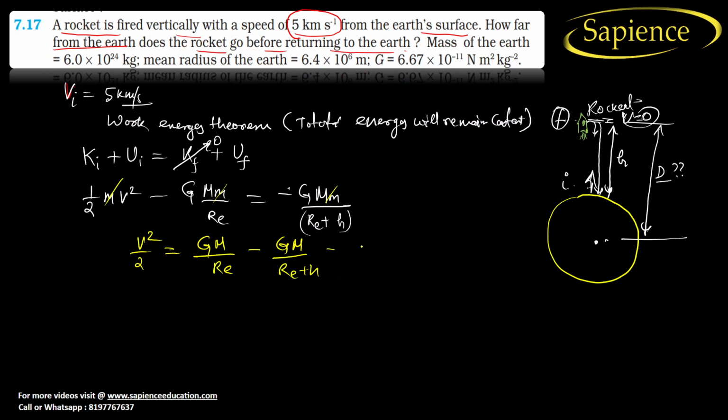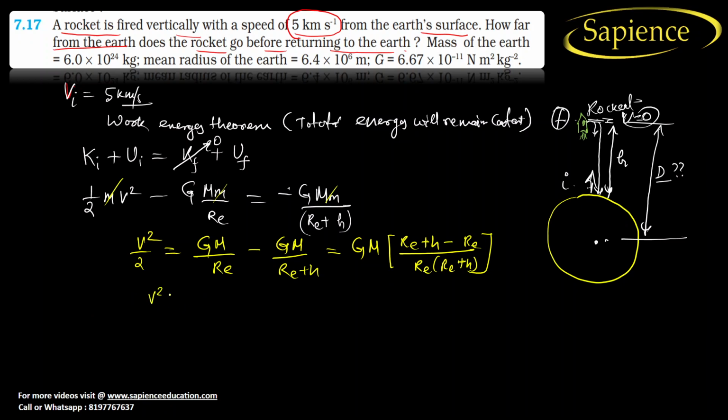So if we take GM common, this will be (R_e plus h minus R_e) divided by R_e into (R_e plus h). So we can also write here v square.